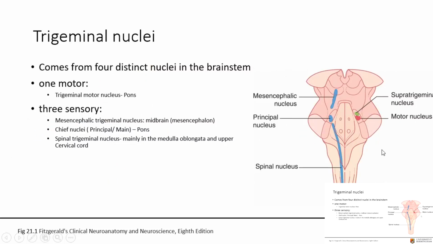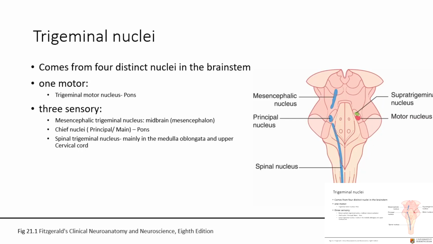We will talk about where the different nuclei are located in the brainstem, but first we need to know the definition of a nucleus. You know that a nucleus will be gray matter. Therefore, as it is gray matter, this will be a collection of cell bodies. Now, we can have gray matter in the central nervous system or in the peripheral nervous system.